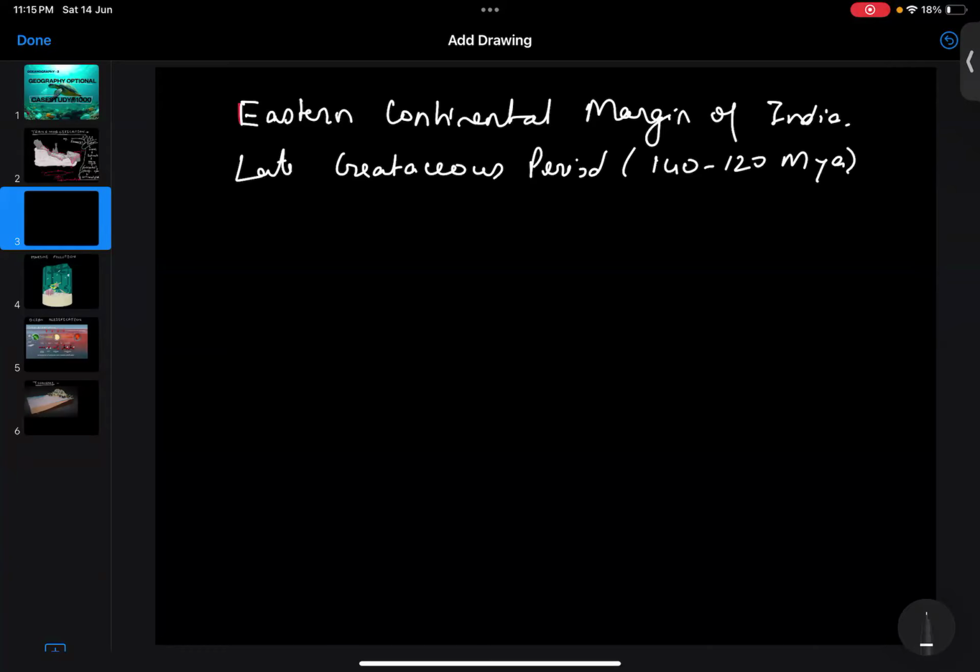This provides extensive marine data, including bathymetry, magnetic data, gravitational data, and seismic reflection studies, which helps us understand the development of the Indian plate.